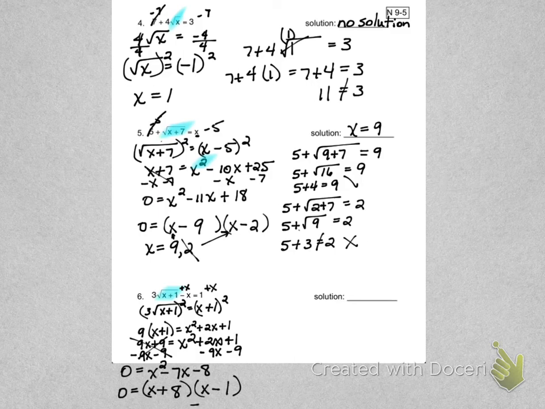So what values of x then are we looking at? Again, the value of x that makes each of those parentheses 0. So that's going to be 8 and negative 1. I have to check both of them though, because we found out they may not both work. So let's go back here and do our solution. We have 3 times the square root of 8 plus 1 minus 8 equals 1.